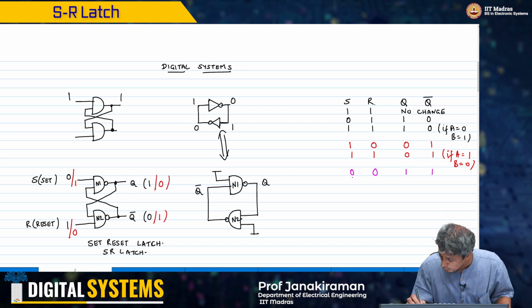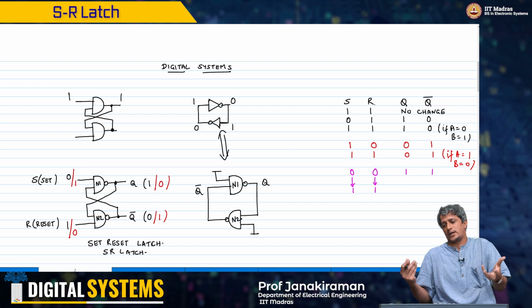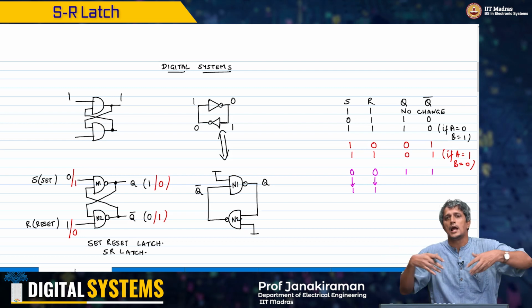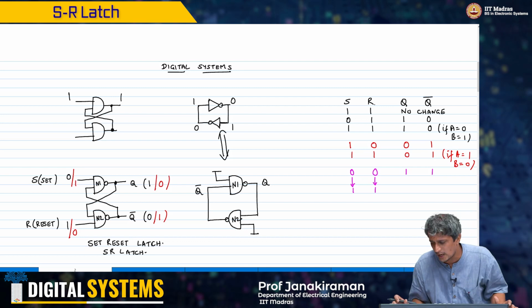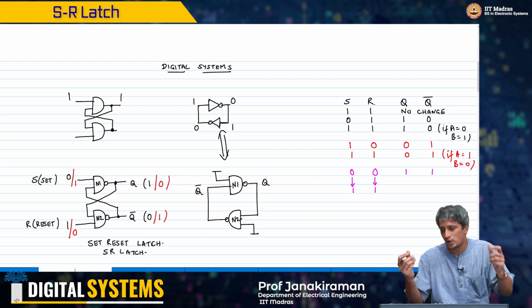Now let's assume that both S and R make a transition simultaneously to 1 1. That means you're trying to hold that state. So you have gone to the outputs Q and Q bar becoming 1 1, and you're trying to hold that state, because 1 1, I told you, was supposed to be a state where you hold the data.